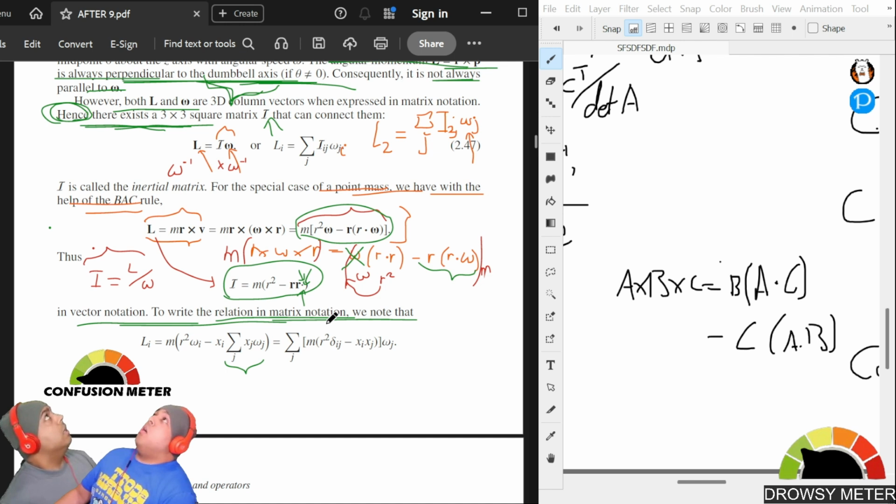R dot omega means ri omega i plus rj omega j plus rk omega k.